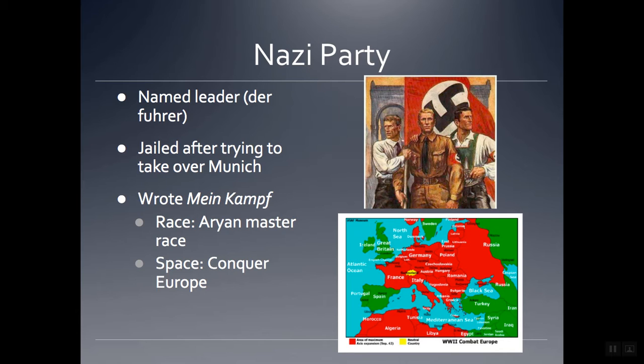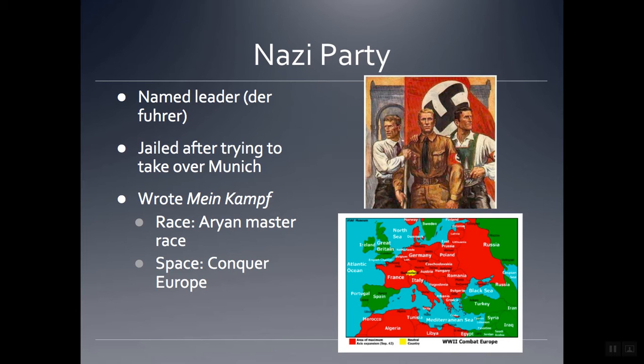So Hitler and the Nazi Party actually try to take over Munich. They try to mimic what Benito Mussolini did in Italy, taking over in Italy with his black shirts. He tries to take over Germany, tries to take over Munich first, and they're promptly caught and he is sent to jail.